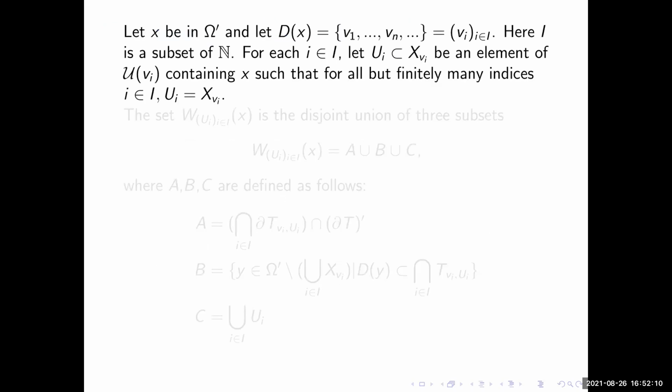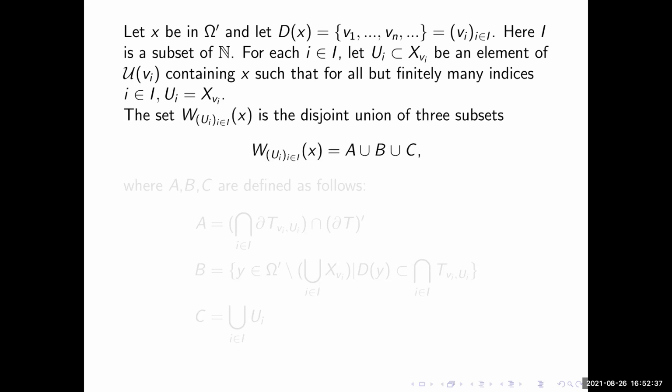Now I'm going to define the neighborhood around this point x in omega prime. For that, we just look at its domain. So it will be just the vertices v_i. And for each i, we take an open subset U_i in X_{v_i}, an element of U_{v_i}, containing x. And we also assume that U_i equals X_{v_i} for all but finitely many indices.